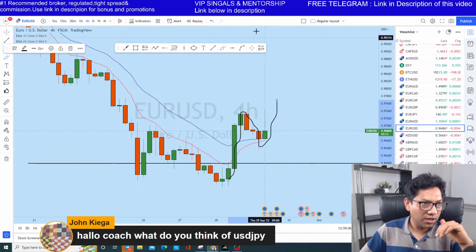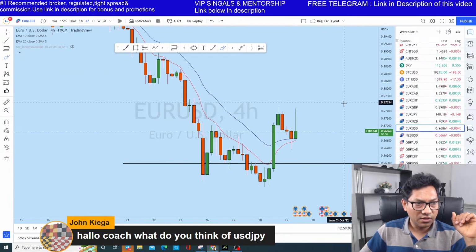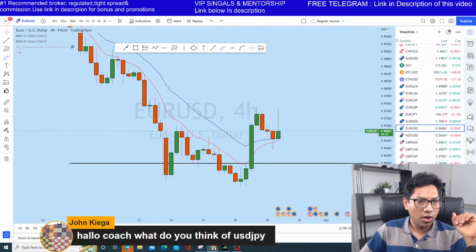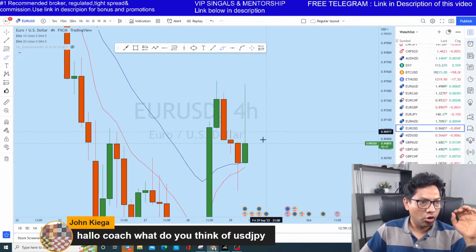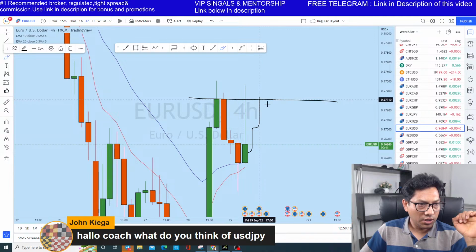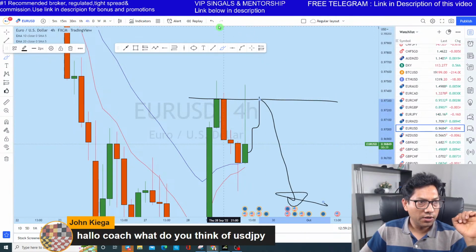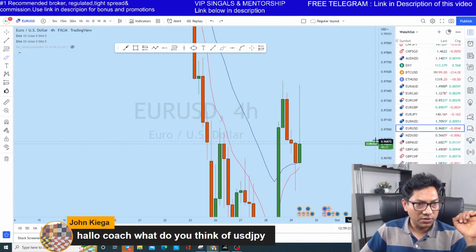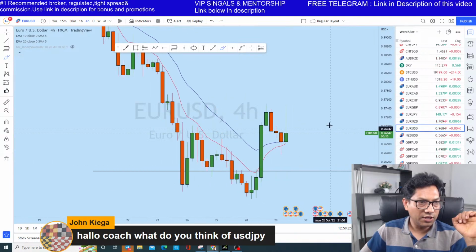It's now creating a shooting star, so a lower high. What I think is that after this candle closes, euro dollar will go up again, and from this zone it will drop. So let me tell you my prediction. I think euro dollar will go up again from this zone.